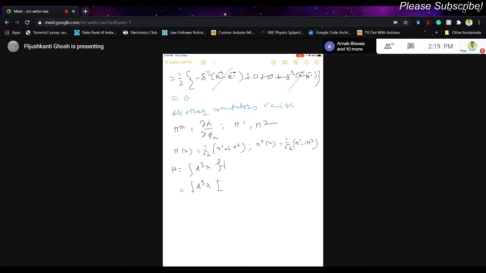So the Hamiltonian density will be pi a phi a dot minus the Lagrangian density. So the Hamiltonian will be the integral d cubed x.